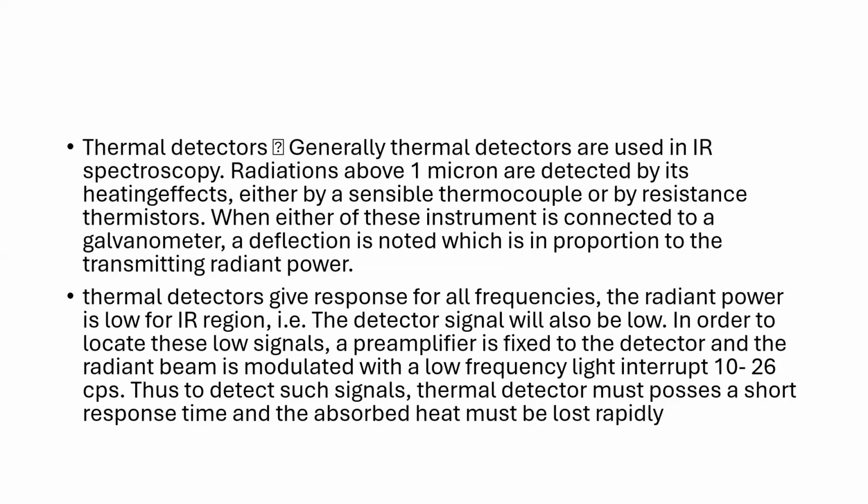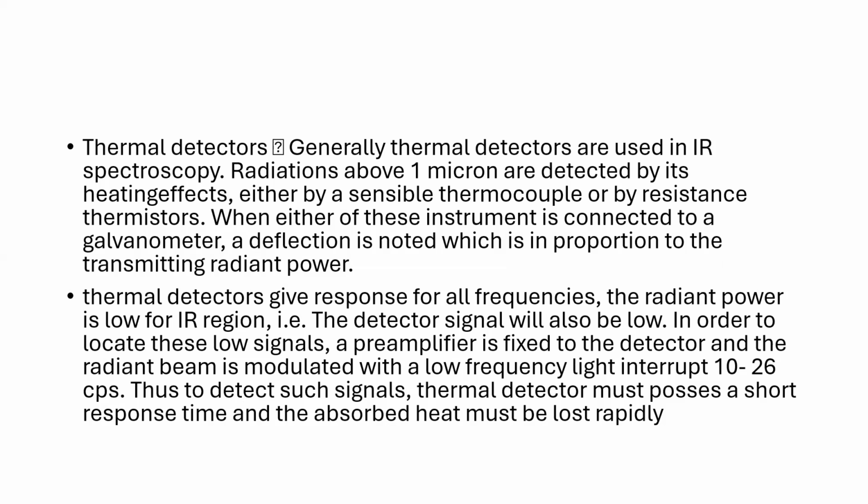Now, thermal detectors are also used in IR spectroscopy. If the radiation is above 1 micron, it can be detected by heating effects. You can just remember in two lines: if the radiations are above 1 micron, you have to go with thermal detectors.